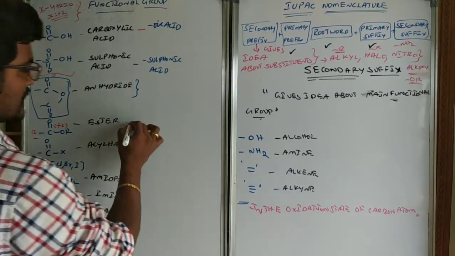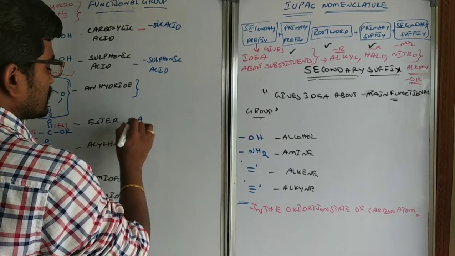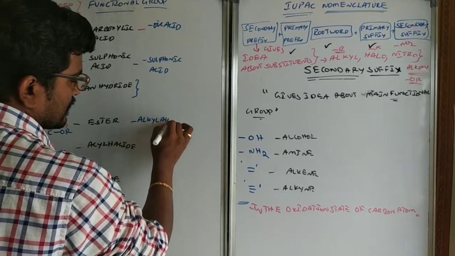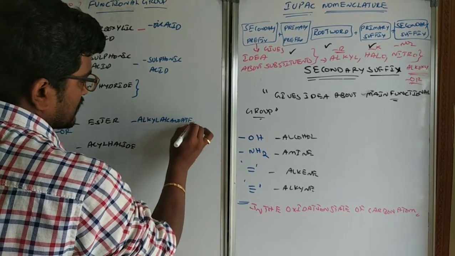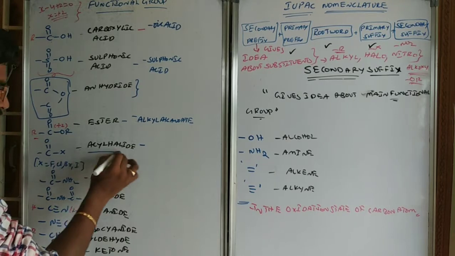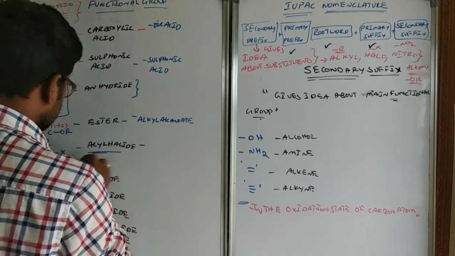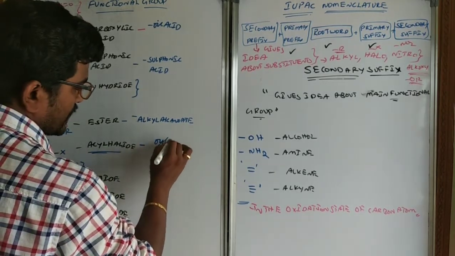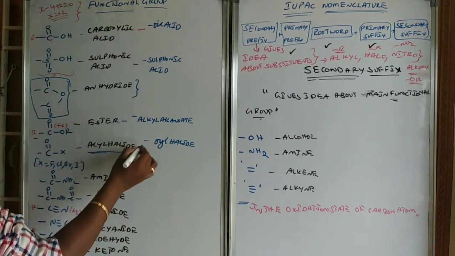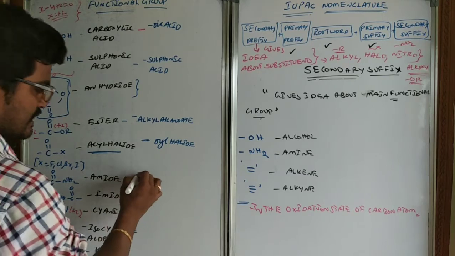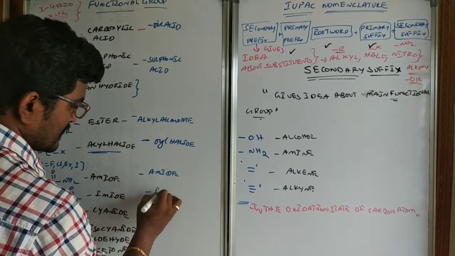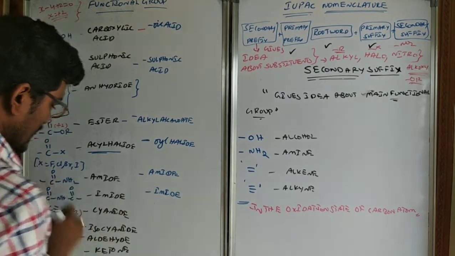If ester is there, it will be alkyl alkanoate. If acyl halide is there, it is oyl halide. If amide is there, we call it amide as it is. If imide is there, we will use imide as it is.